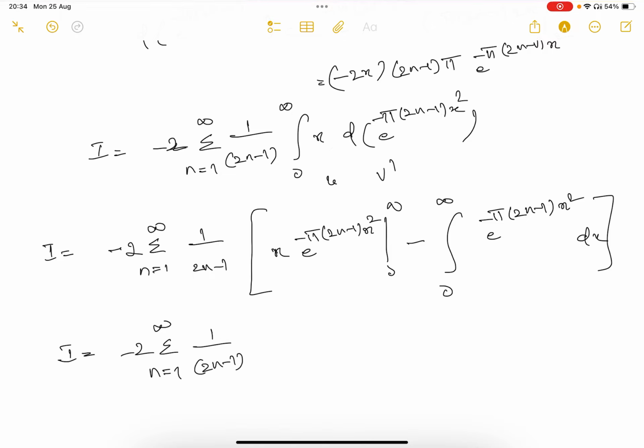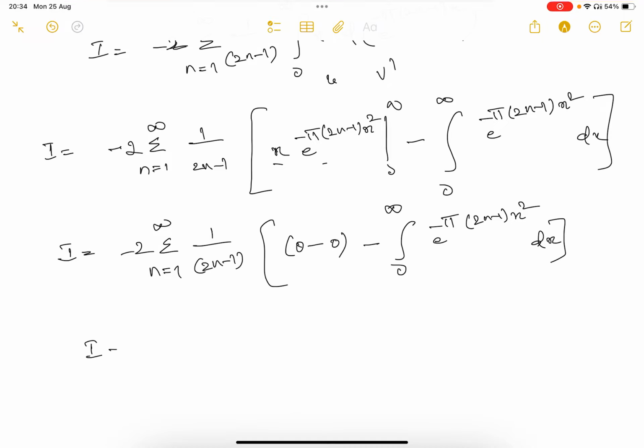So I is minus 2 into summation n equal to 1 to infinity 1 by 2n minus 1 into, as you can see, when x is infinity, e power minus infinity square will become 0. When x equal to 0, 0 into something will be 0. That means this term will not contribute. Then this is minus integral 0 to infinity e power minus pi 2n minus 1 into x square dx.